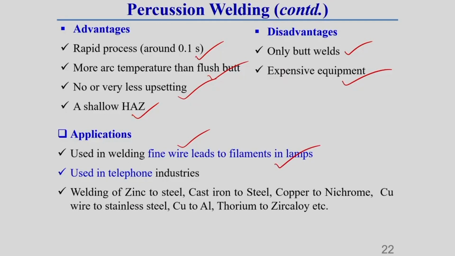Okay. It is used in the telephone industry a lot. It is also used for different types of similar and dissimilar metals, like it can be used to join zinc to steel, cast iron to steel, copper to nichrome, copper wire to stainless steel, copper to aluminum. It can also be used for thorium to zinc alloy materials. So, it has different types of applications.